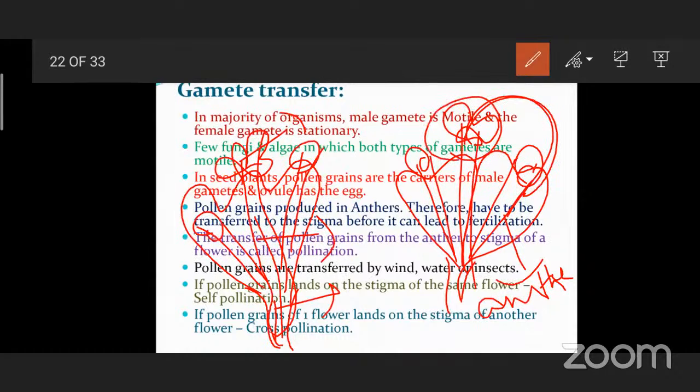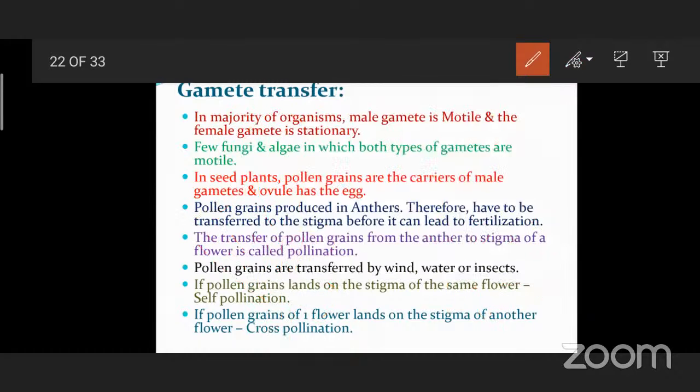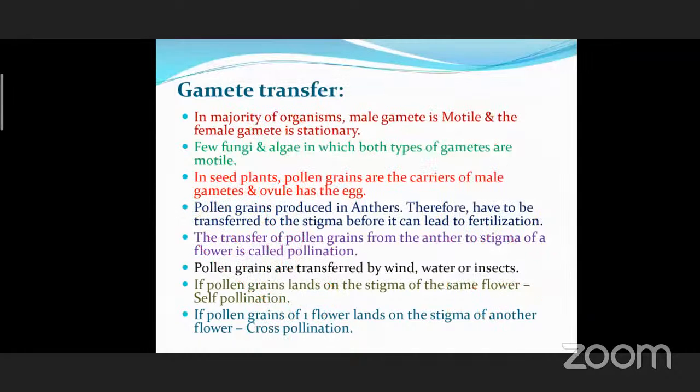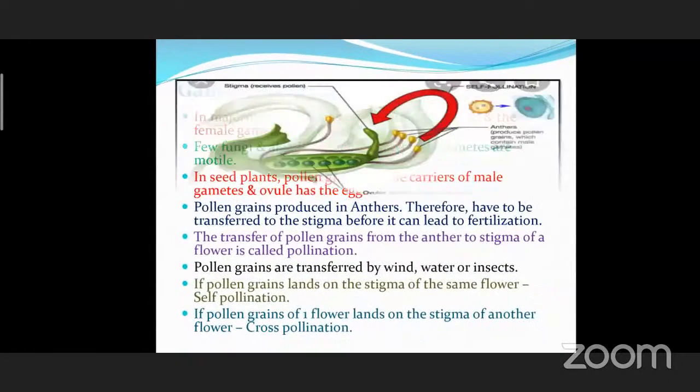This is self-pollination. Maybe the pollen grains from this male anther transfer to the stigma of another flower. This is known as cross-pollination. We will go to the next slide.